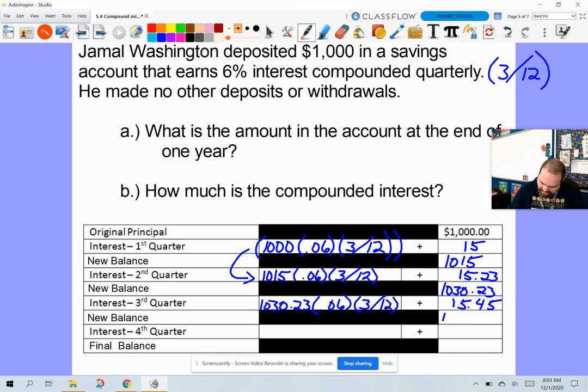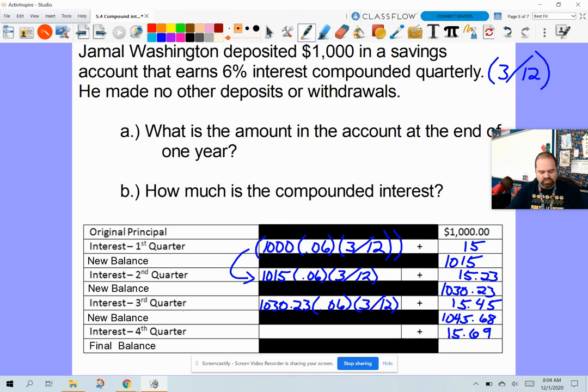So our last calculation, he's going to have $1,045.68, 6% interest, 3 months. His last quarterly interest earning is $15.69.